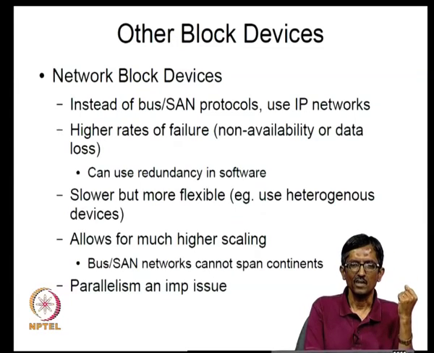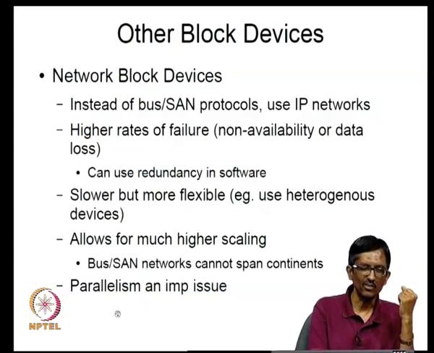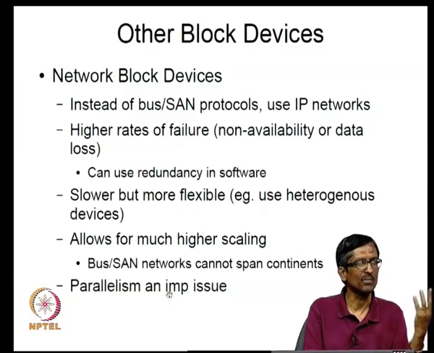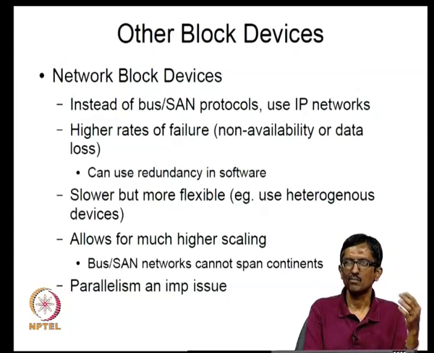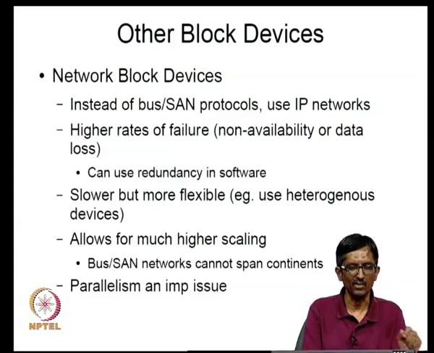There is also an issue of parallelism, how to ensure that multiple activities, multiple accesses can be going on at the same time in this kind of network block device, but I'll not discuss it right now.